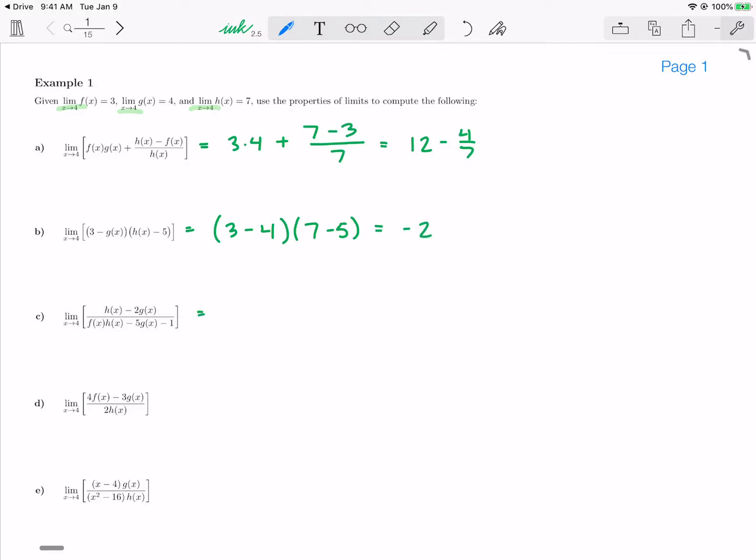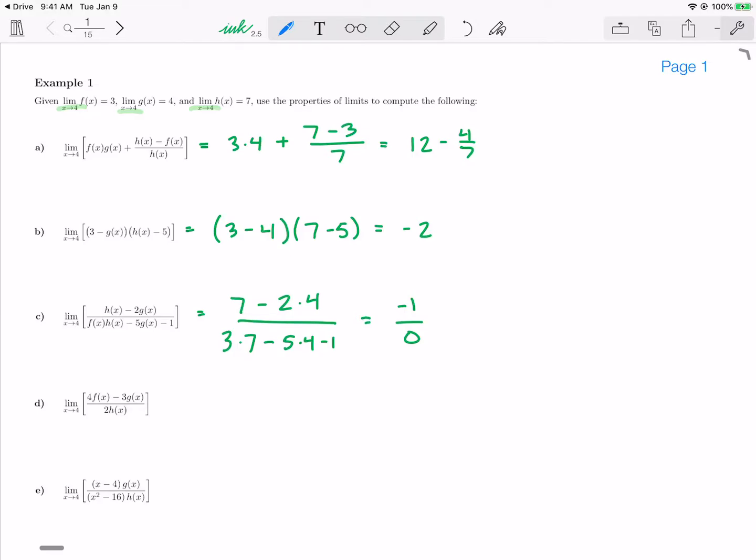This next one, we've got h minus 2g, so h minus 2 times 4, all over f times h minus 5 times 4 minus 1, which is 3 times 7 minus 5 times 4 minus 1. So in this one, we get 7 minus 8, so negative 1 over 0. So this one we cannot compute.